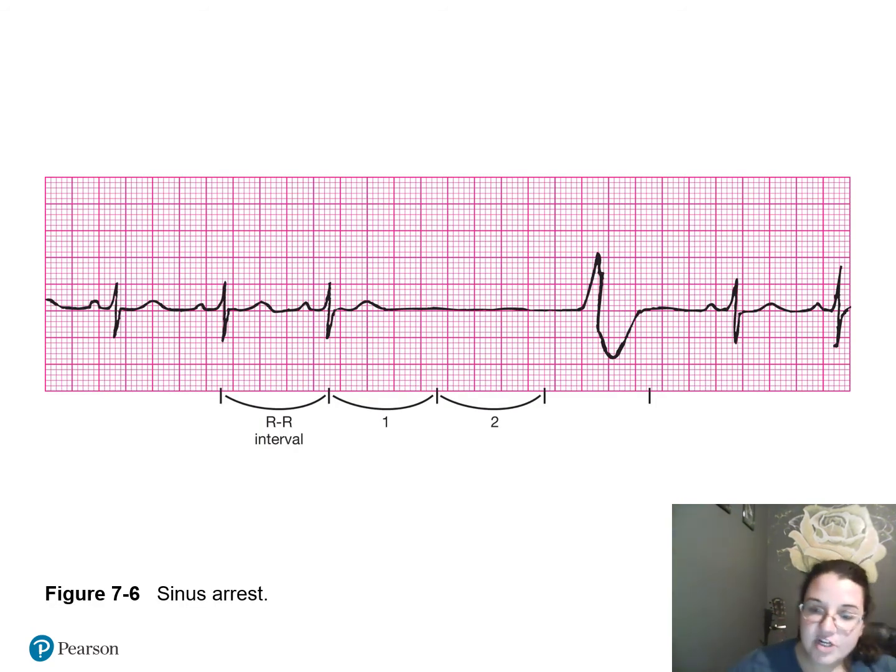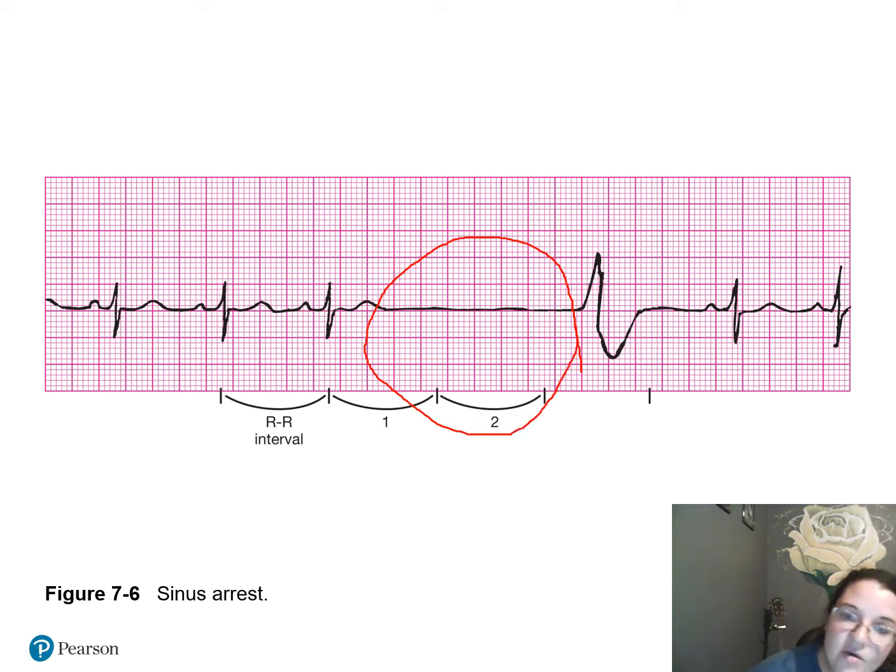And this is where we're going to talk about those multiples. So we're going to ask ourselves the questions: do we have QRSs? What's my heart rate? Do I have P waves? Are they married? What's my PR interval? And what's my QRS interval? But now we can clearly see that we have a pause right here.